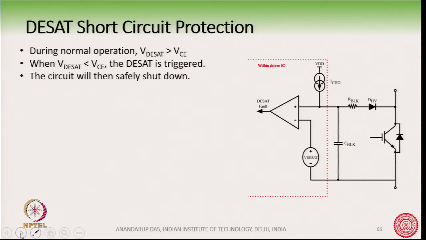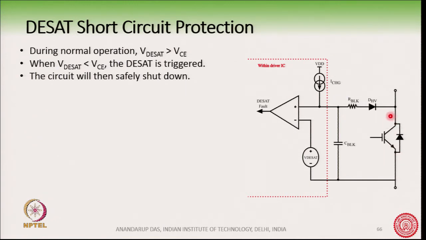So, for this we have a circuit. I will not go into the details of this circuit, but the basic idea is this. This is a driver IC here. There is an additional voltage source inside the driver IC, which is made using analog circuits, and it monitors the voltage across the collector emitter of the IGBT.